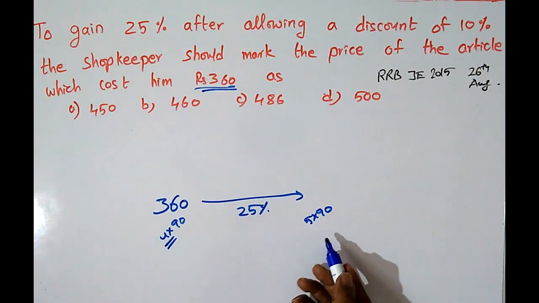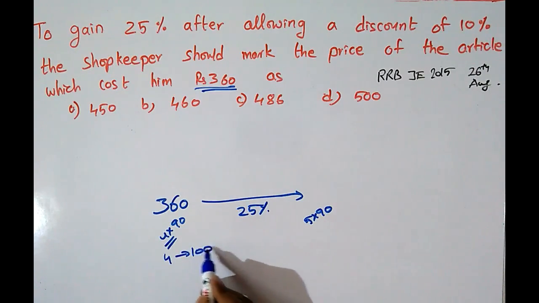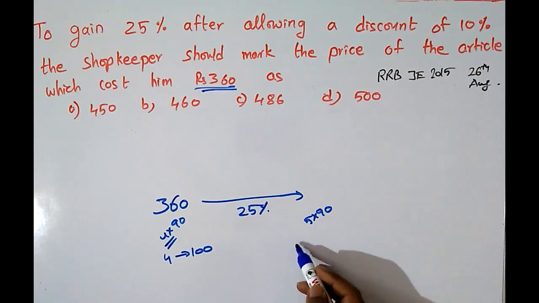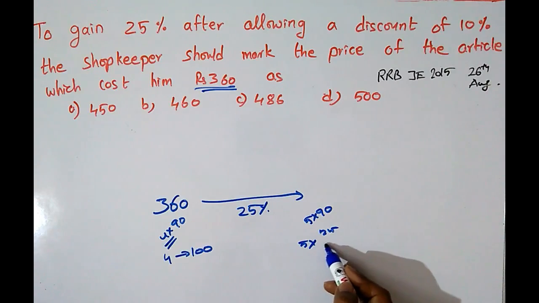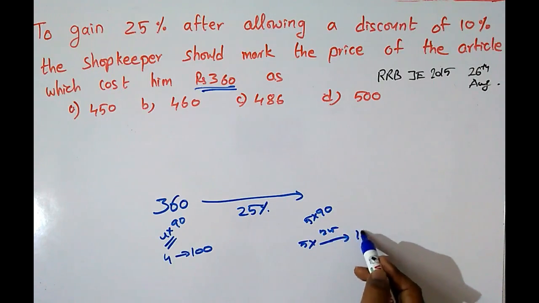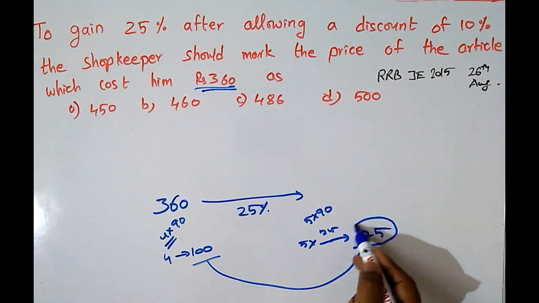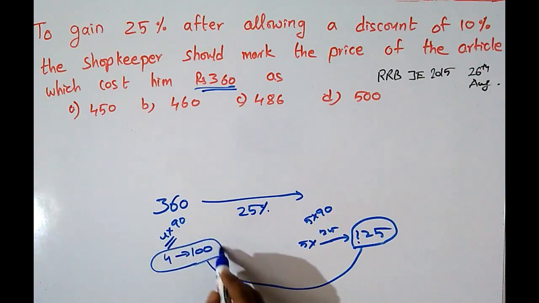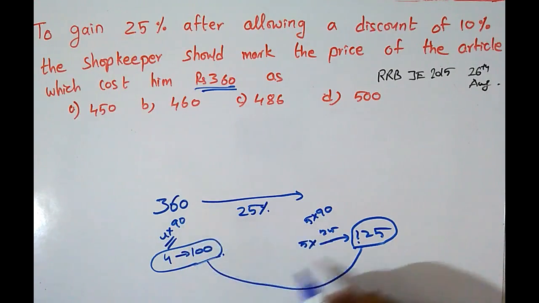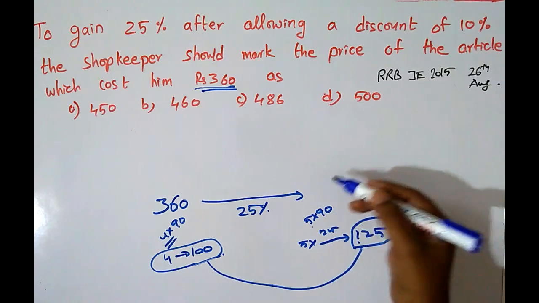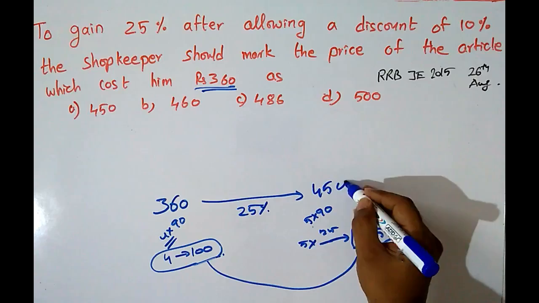Why am I going for 5 times 90? 4 corresponds to 100, 4 25s are 100, and 4 5s are 125. The logic which I have explained earlier, I have got. See friends, this is how you have to simplify the answer. 4 times 90 is 360 and 5 times 90 is 450, friends.